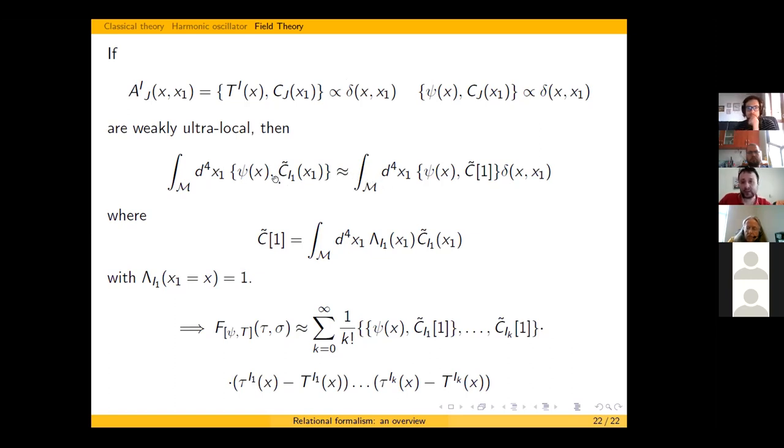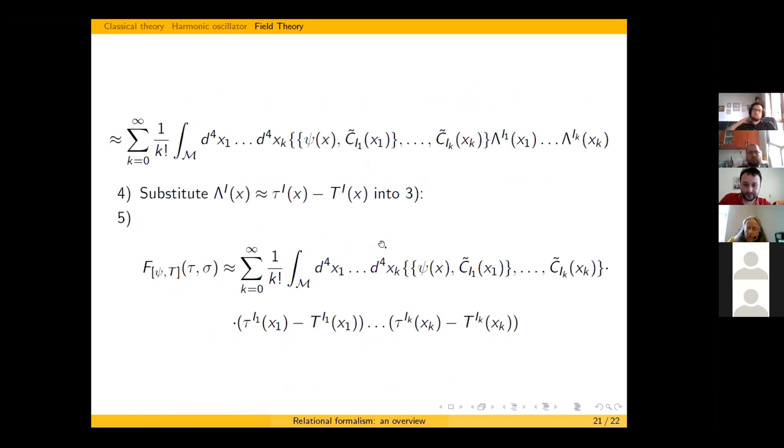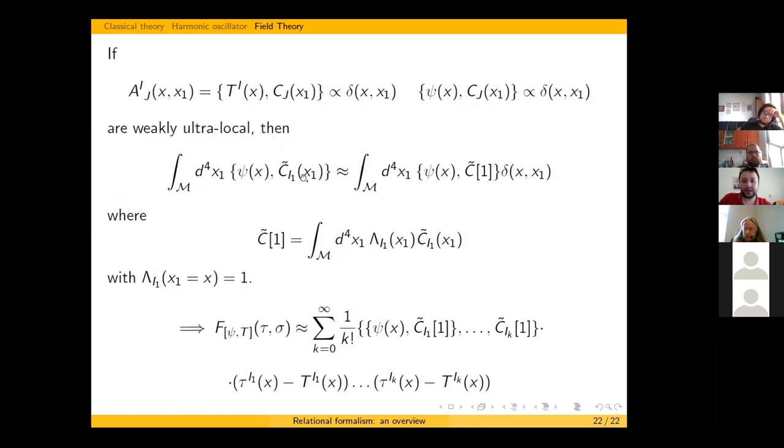Namely, on the constant hypersurface, say this term here, which is this one, involving only, of course, the first integral, and also just involving this multiplied by this one, not all the others. So selecting only the x1 terms. But I didn't write this tau here because it was too long to write. So all this one is weakly equal to this Poisson bracket, but with this merged constraint, just because this is ultralocal.